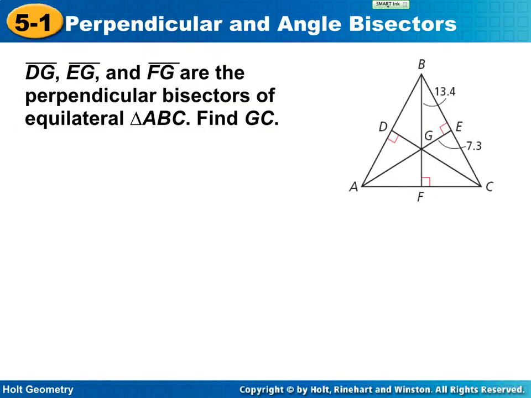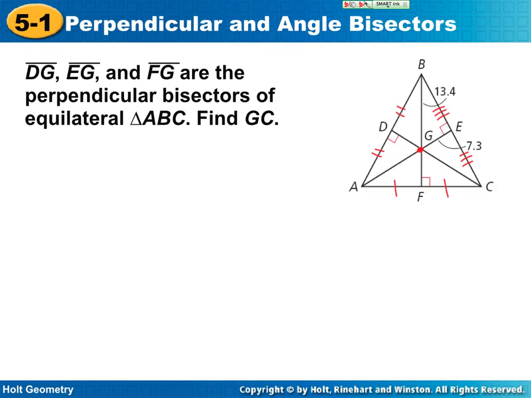So here's an example problem. Okay, it says DG, EG, and FG are perpendicular bisectors. So notice not everything's in the picture marked. Perpendicular bisector, perpendicular bisector, perpendicular bisector. So G is the circumcenter. The theorem just said the circumcenter is equidistant from the vertices of the triangle.